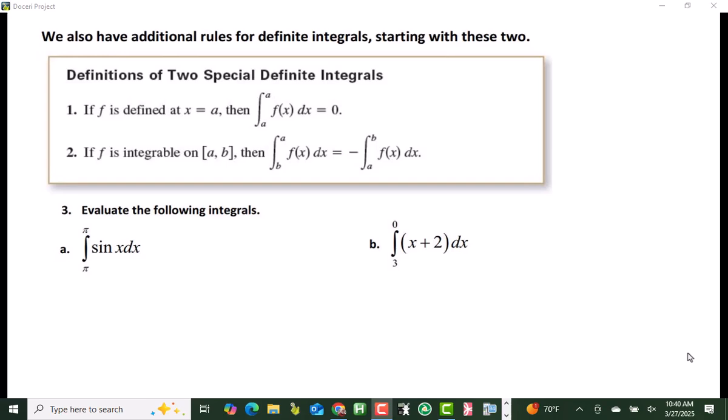Look at the second one. What did they do there? Going from B to A. Notice what happens. It flips the sign of the area. Work one out, you'll see. It flips the sign.